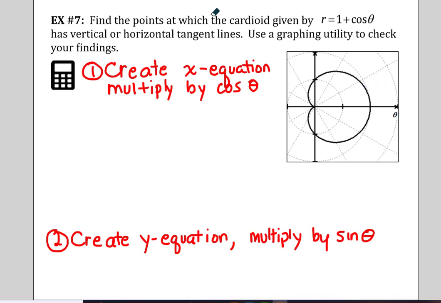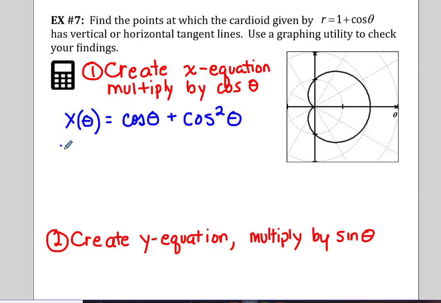Okay, so in this example, we're going to do 3 things. First, we're going to create our x equation by multiplying everything by cosine. So our x of theta is going to be cosine times all of this: cosine theta plus cosine times cosine, so cosine squared.